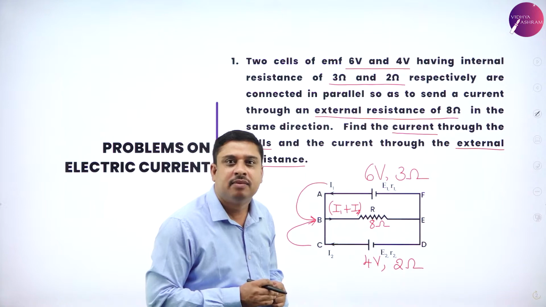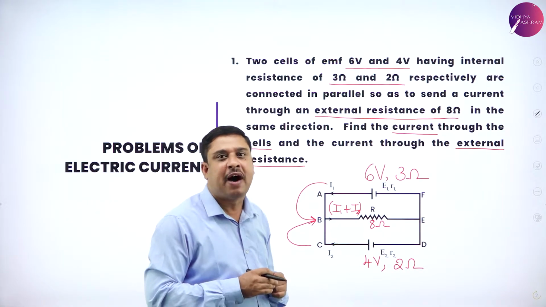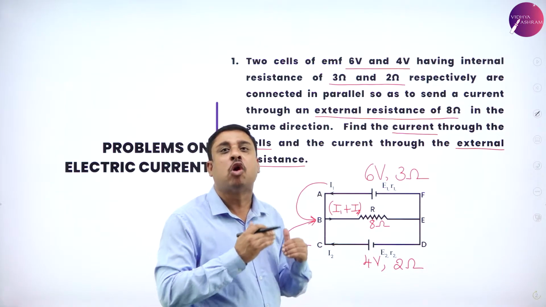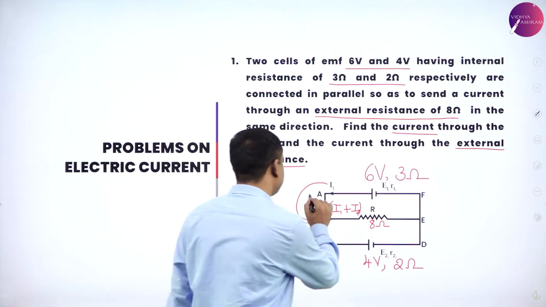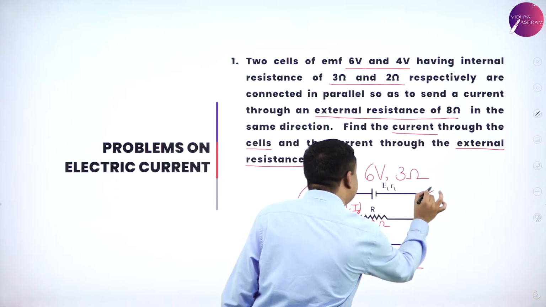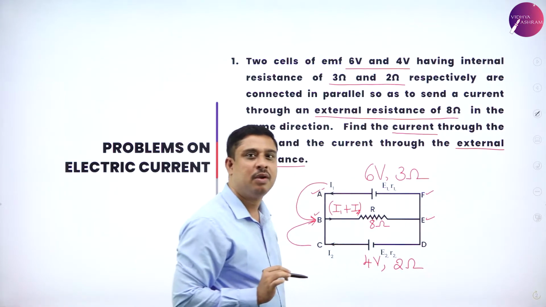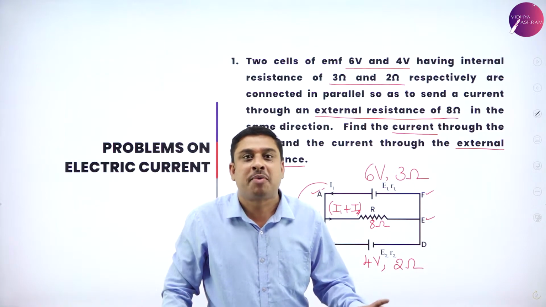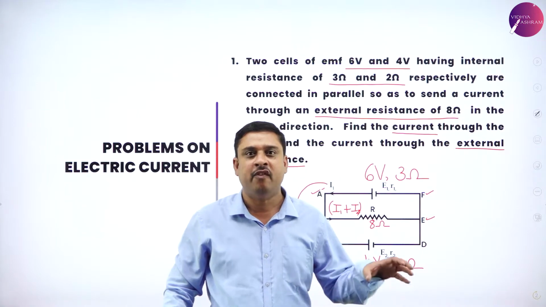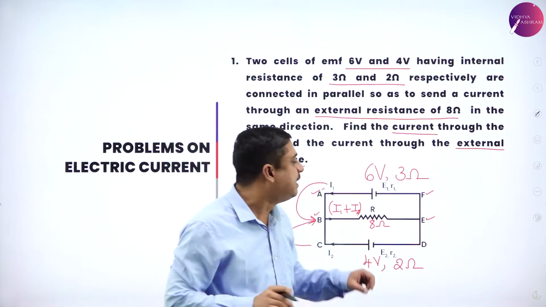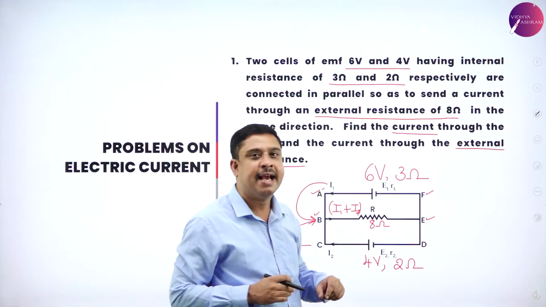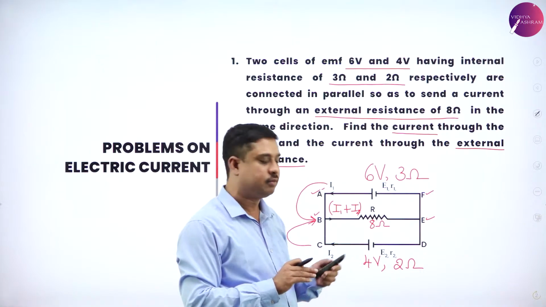Now all of us will identify the first loop, or what is also called mesh. A, B, E, F, again A. Loop or mesh is a closed path. From wherever you start, we end there. So A, B, E, F, A. It is a closed path.